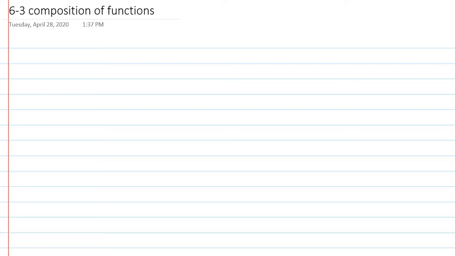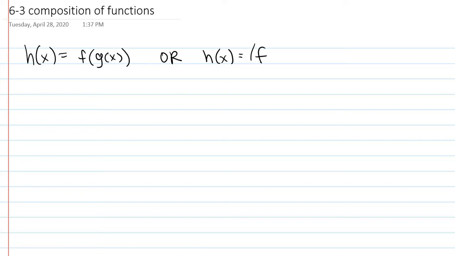So let's get started. Function notation or composition notation works in a couple different ways. If we have h of x, a composition might be f of g of x. Or sometimes it looks like f, and then there's this symbol, a little circle.